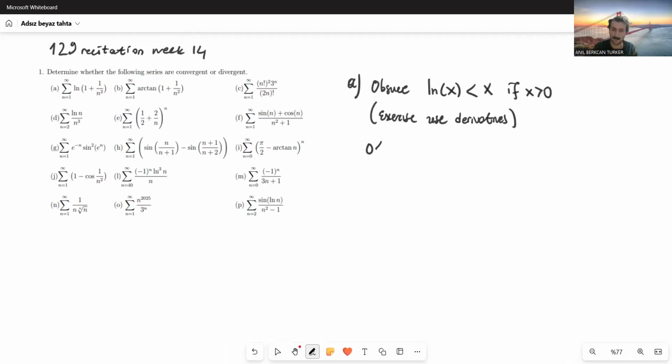Everything is positive. So most of the time we only use this convergence test for positive series, I mean, where the general term is positive. Anyway, ln(1 + 1/n squared) is then less than 1/n squared, and this series, the sum of 1 over n squared, is convergent by the p-test.